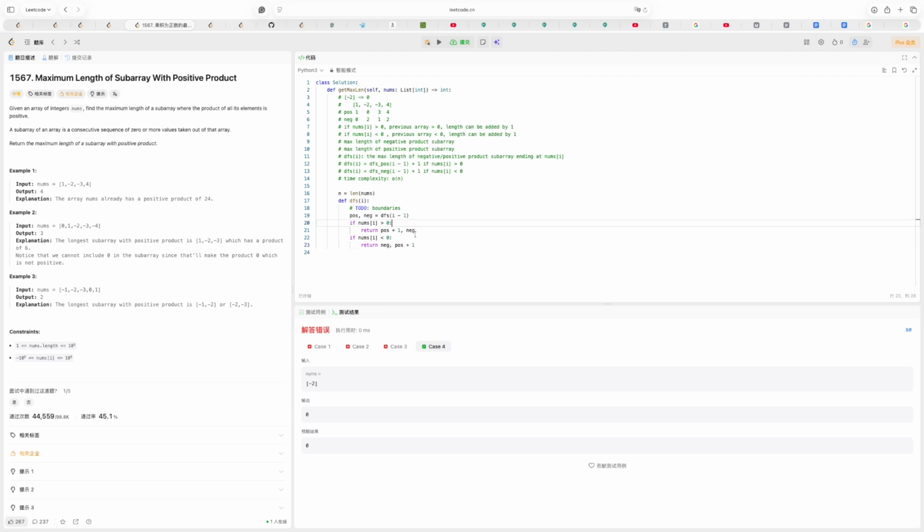I think it's not really solid. I think it's a good direction, but I think I missed something.